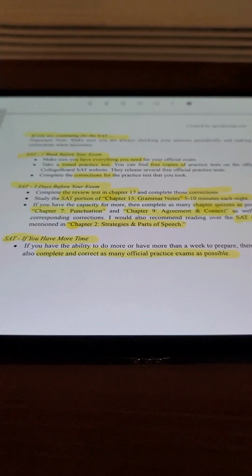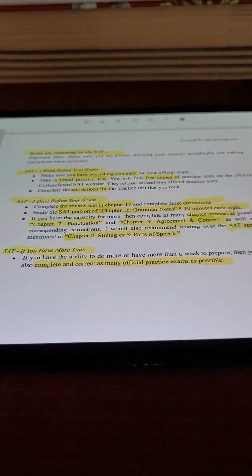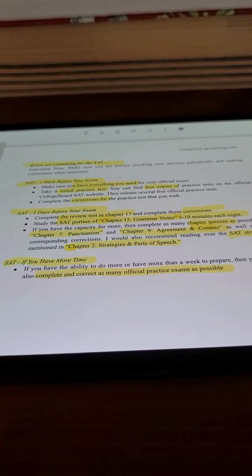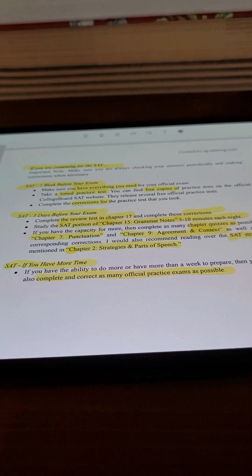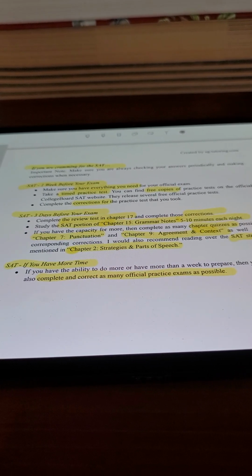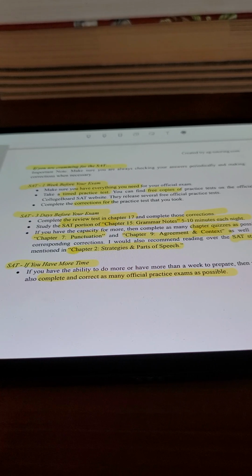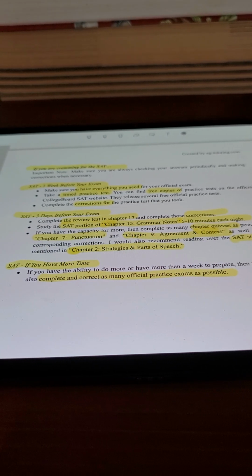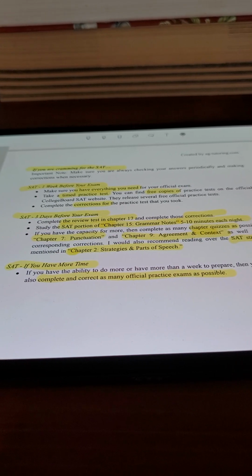If you have the capacity to do more, do as many chapter quizzes as you possibly can, specifically in chapter 7, the punctuation chapter, and chapter 9, the agreement and context chapter, because most of the types of questions they're going to ask are going to be in those chapters.